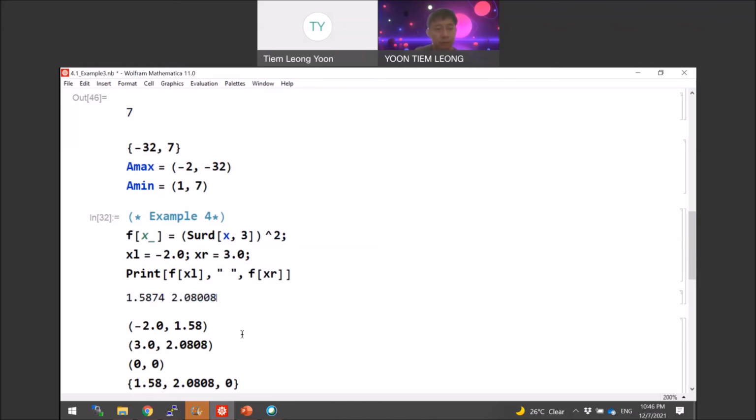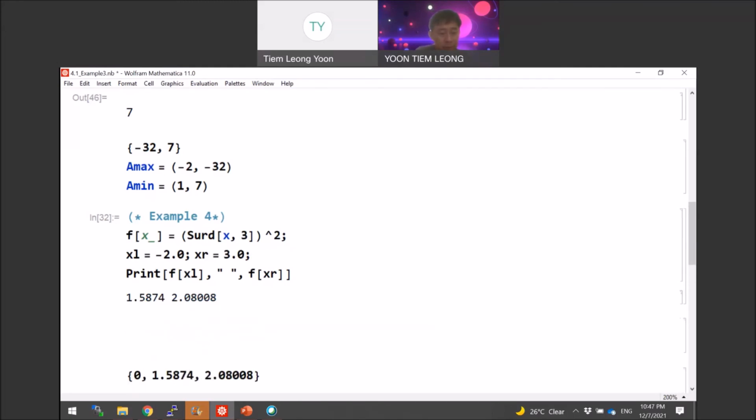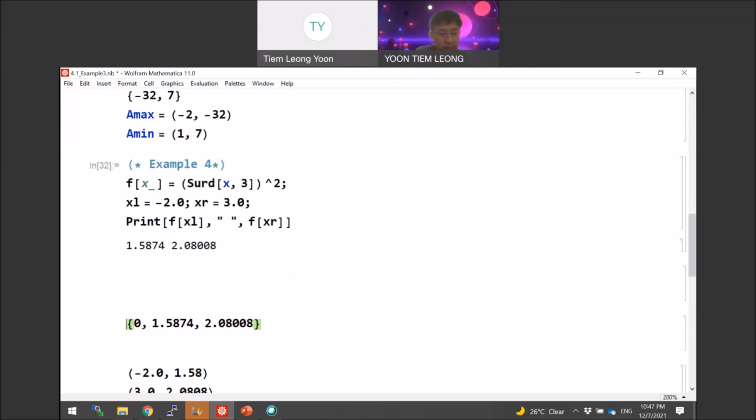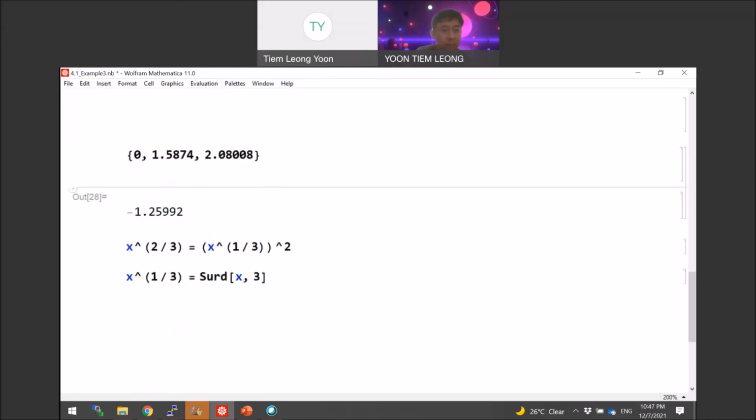So we have a collection of 3 numbers: 0, 1.5874, the value of the function evaluated at x equals -2, and 2.08008, the value of the function when x equals xr. The first number is the value at the critical point, then f at xl, and f at xr. Now it's time for us to easily identify the maximum and the minimum of the function.